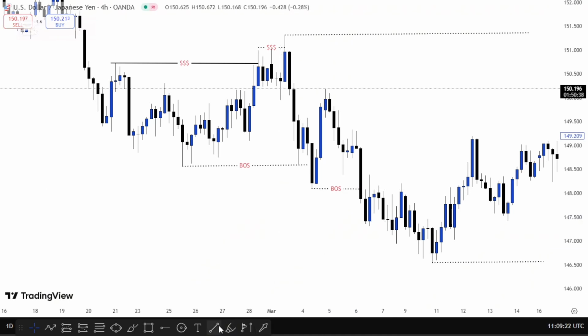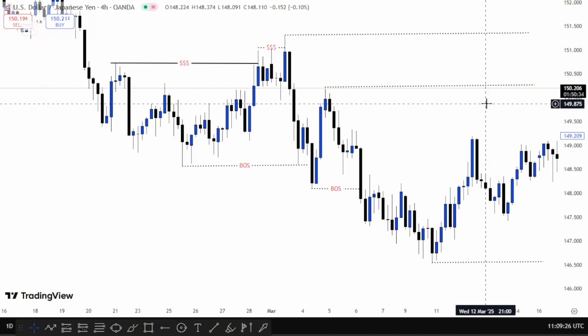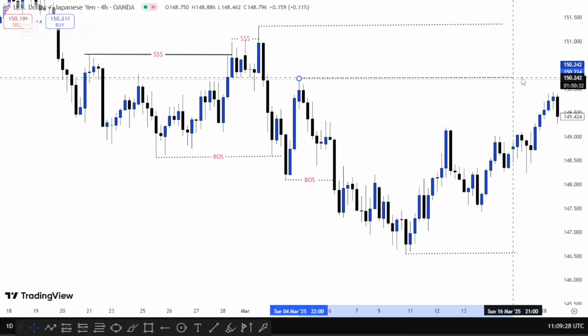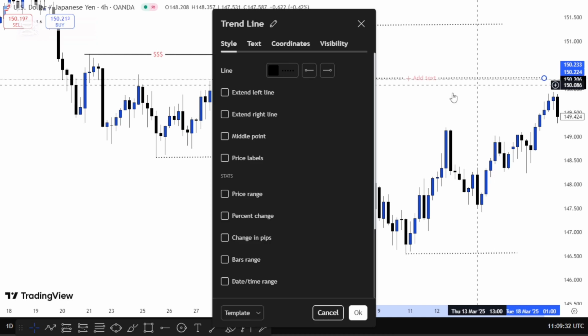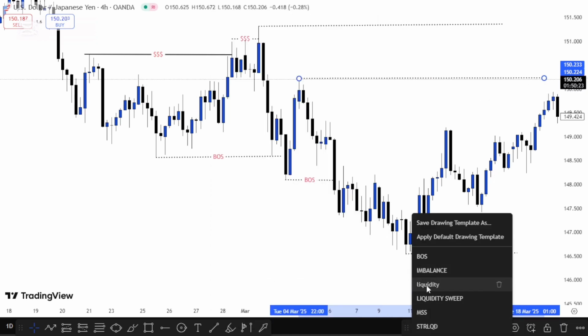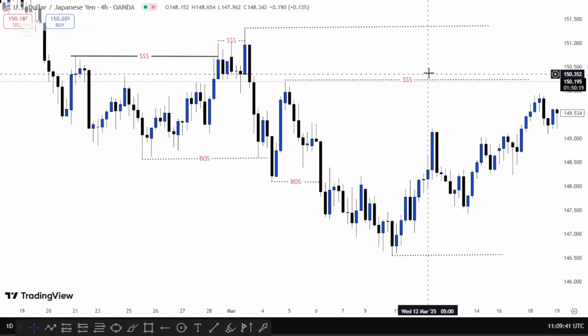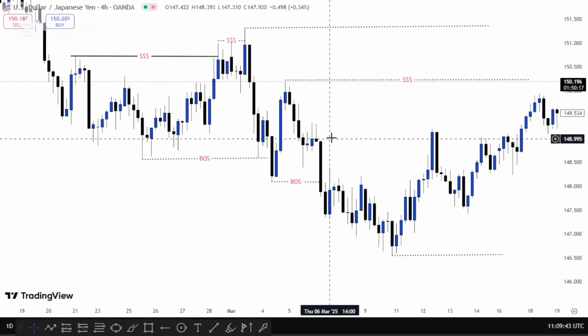Draw on liquidity has to do with the next point where the market is likely to attract price. So that is our draw on liquidity, as you guys can see. We're just going to go ahead and mark it out. So this is our draw on liquidity. Why? Because it always has a tendency of attracting prices.